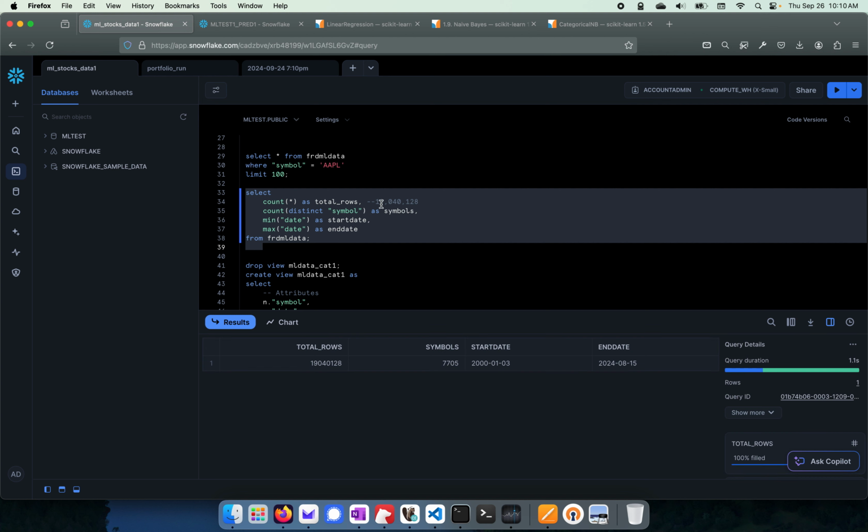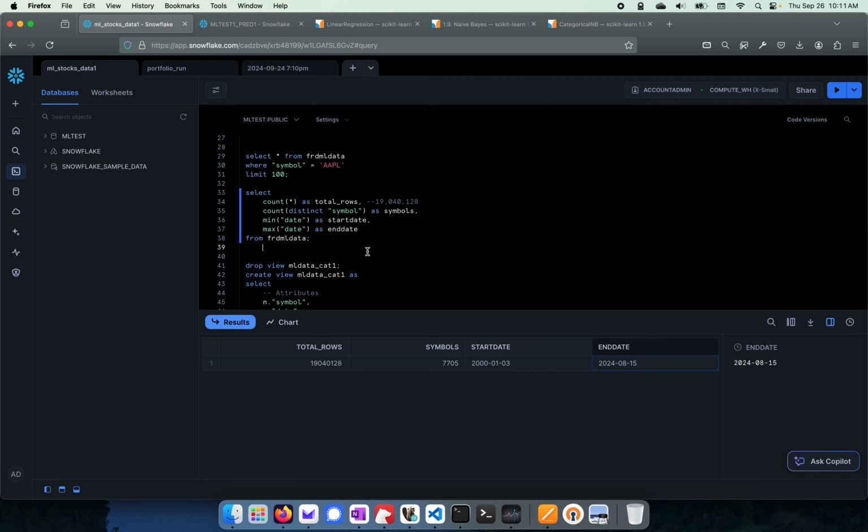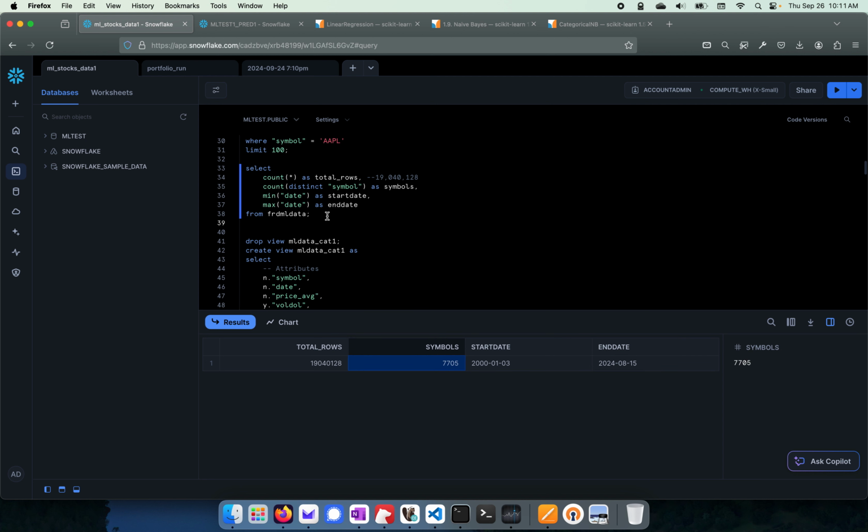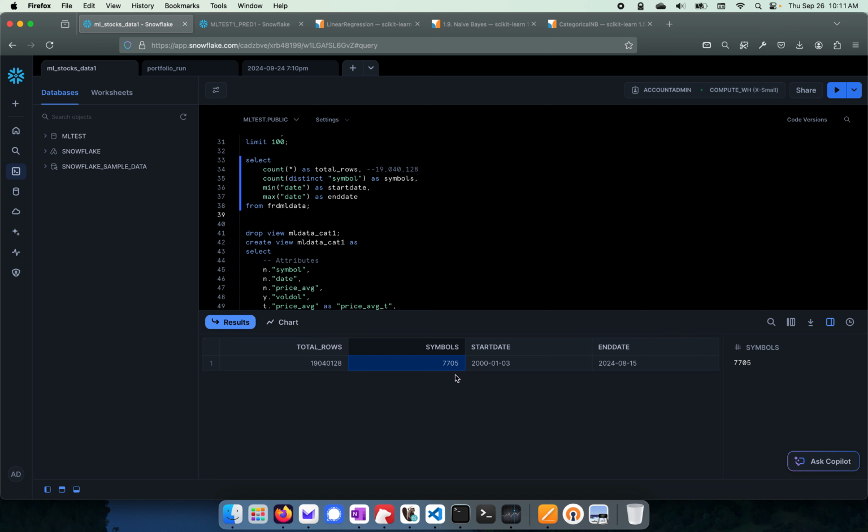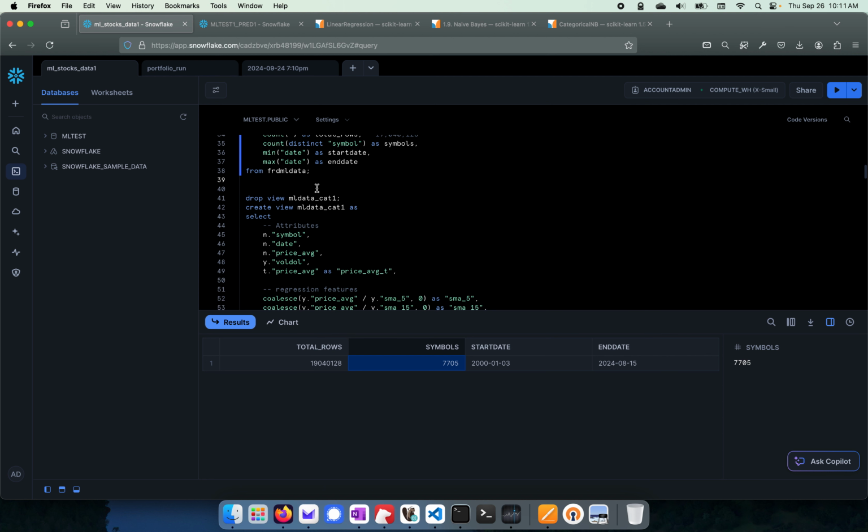So we have 19 million rows in this data set, about 7,700 unique symbols, and we have data going back from 2000 to 2024, so about 24 years of US stocks data that are on the NASDAQ and the New York Stock Exchange, a total of 7,700 of them.